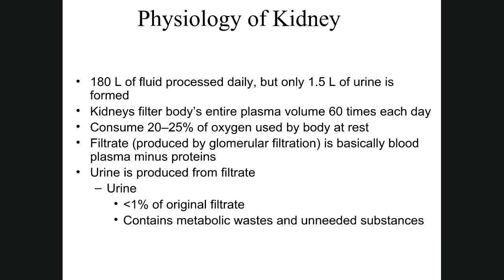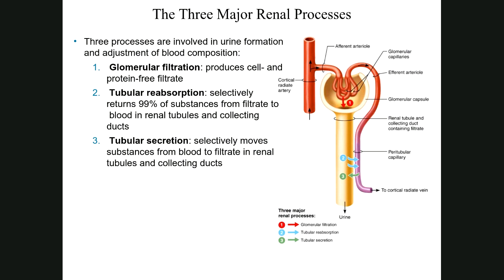There are three major renal processes for urine formation and adjustment of the blood composition: glomerular filtration, tubular reabsorption, and tubular secretion, and we are going to see all three phases. Glomerular filtration produces cell- and protein-free filtrate.